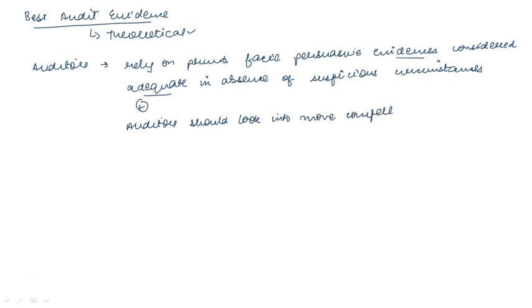That means he should try to obtain as much corroborative evidence as possible. Jitne evidences, as much as evidences he can collect, the best judgment he can make, the best opinion he can frame.